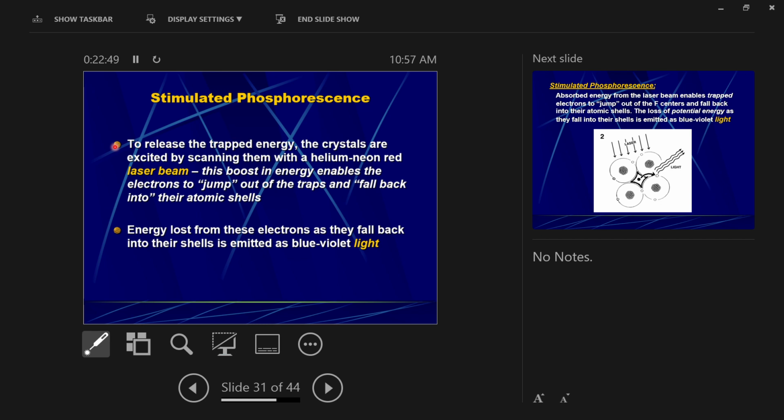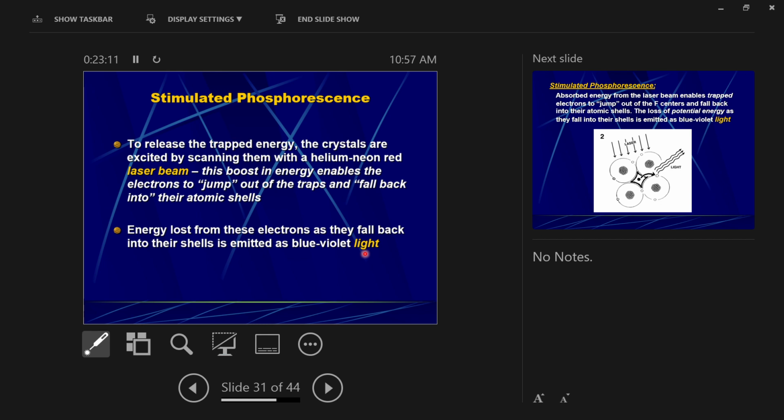And as they fall back into their atoms, they have to lose energy to fall back down into those atomic shell levels. And as they lose energy, they emit characteristic wavelengths of light in shades of blue-violet light. Said in another way, as they jump back into their atoms, they emit visible light.